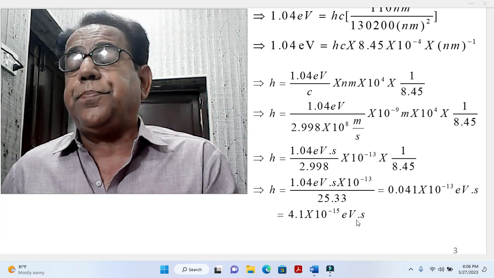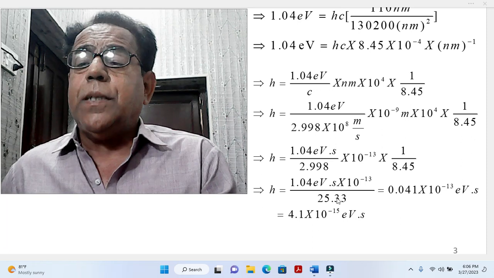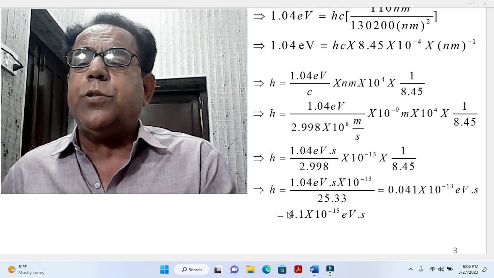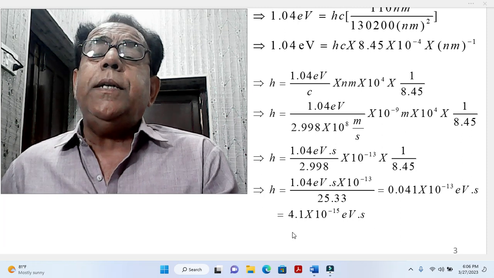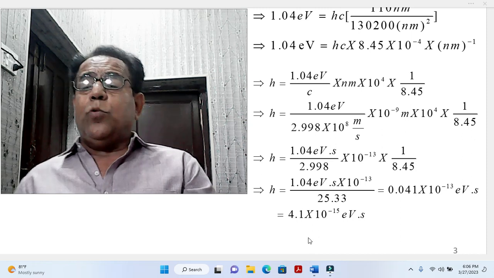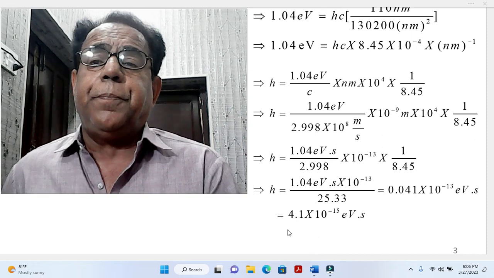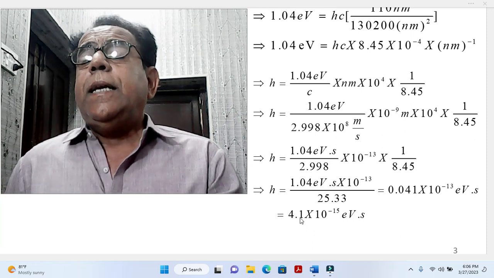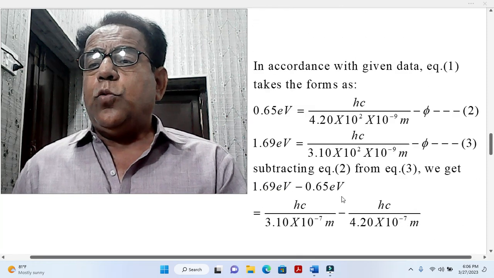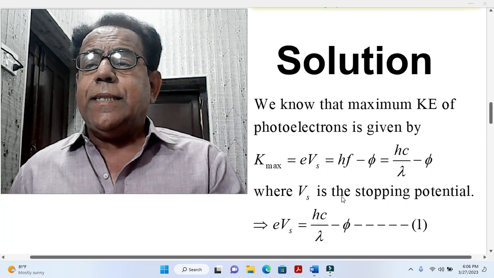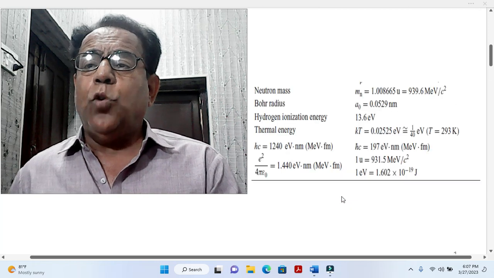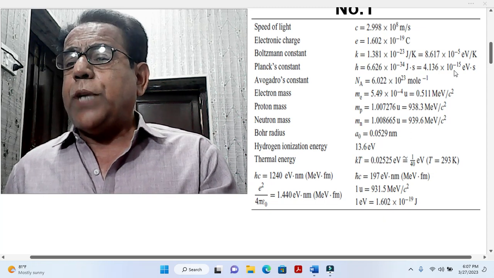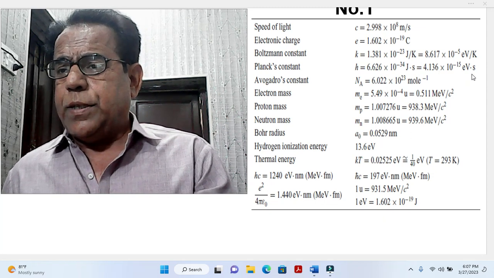Dear students, if we compare this value with the value given in the table, we conclude this is almost exactly the same value. The only difference is that here we have taken only one digit after the decimal, while if we move to the table, we will find it is up to 4 digits. Yes, this is the value: 4.136 into 10 to power minus 15 electron volt into second.